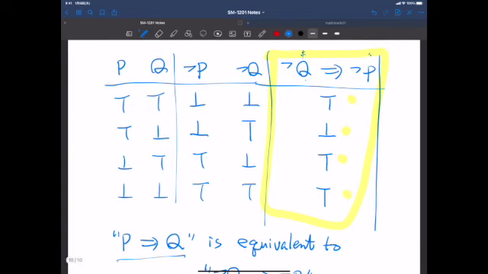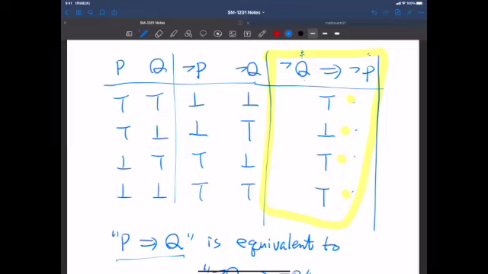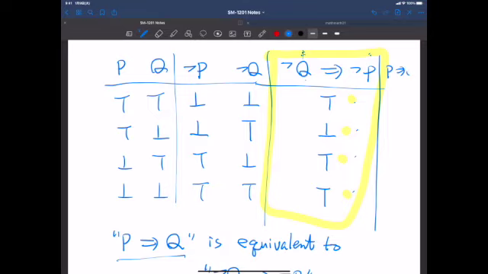Okay, so they have the same truth values. This one and P implies Q. This has true, false, true, true. Right? So this gives you a way to prove things in an interesting way. So this is the basis of proving by contradiction.